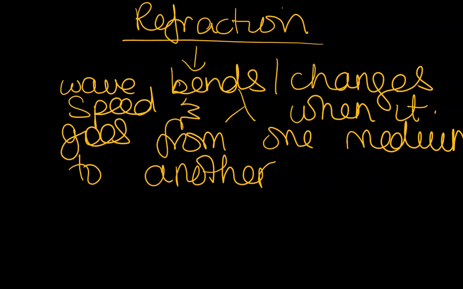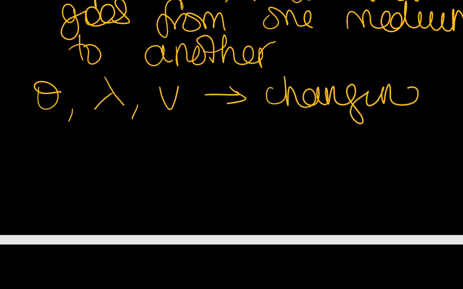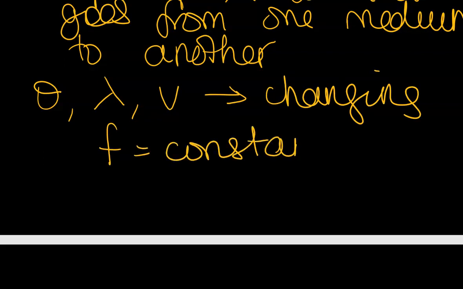That constant value is the refractive index, which tells you the extent of refraction that has occurred as your wave goes from one medium to the other. And in refraction, you have the angle, you have the wavelength, and you have the speed changing. And the only thing that remains constant is the frequency.